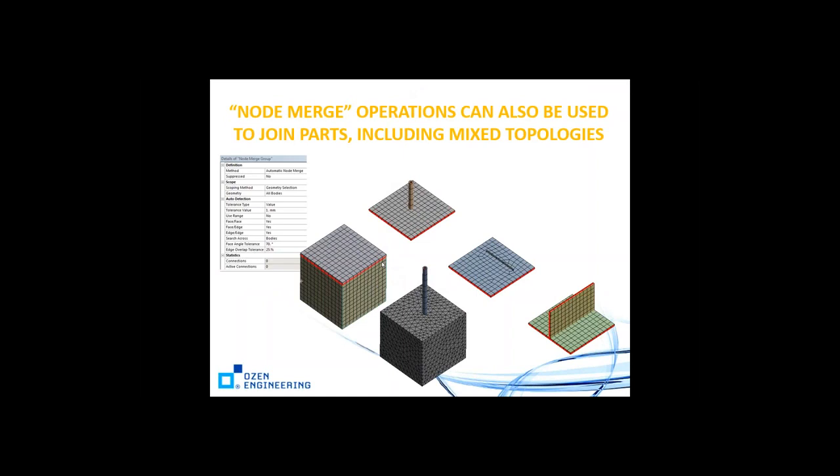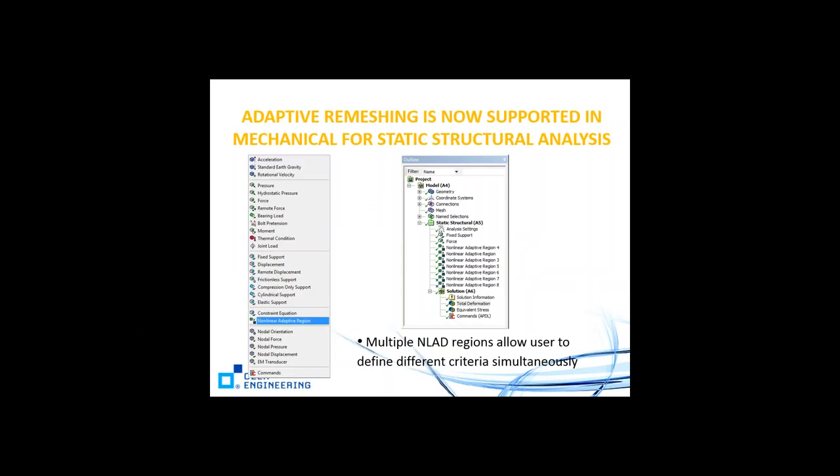A node merge operation can also be used to join parts, including mixed topologies, meaning that we can include a beam, and also shells with solid faces. This doesn't apply to CFD.